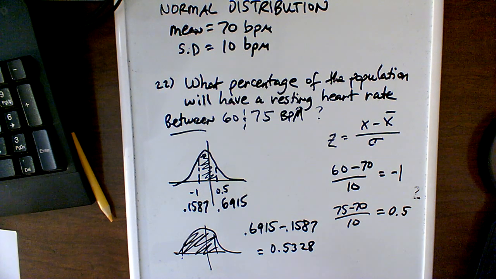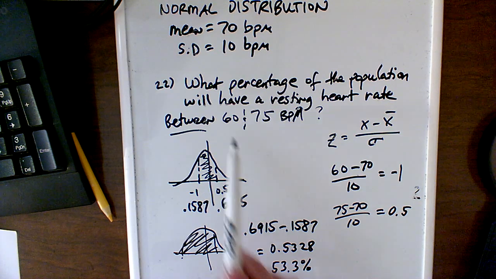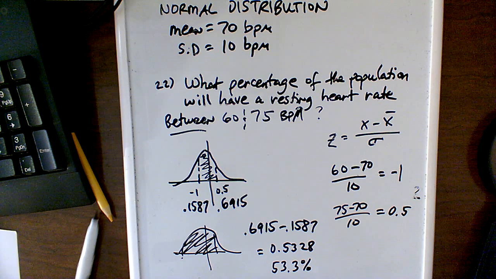So the answer is 0.5328, which says that about 53.3% of the population has a resting heart rate between 60 and 75.